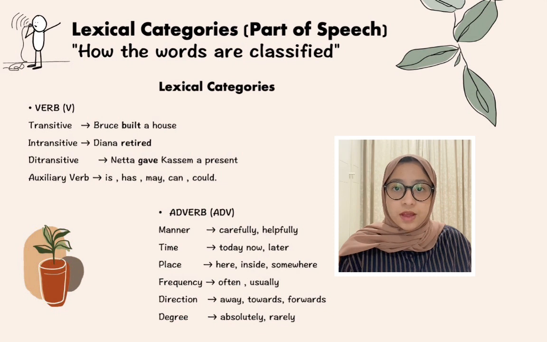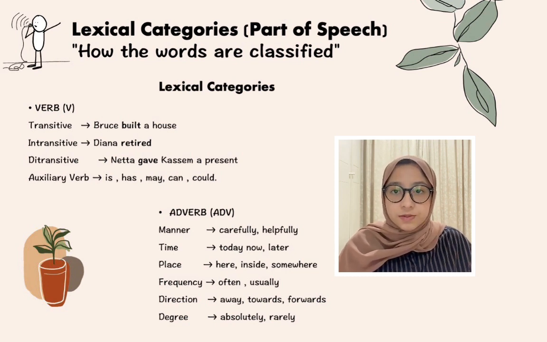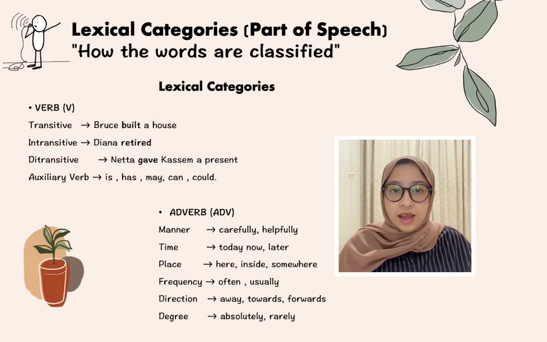Place adverb: here, inside, there, somewhere. Frequency adverb, for example often, usually, sometimes, rarely, never. And then direction adverb, for example away, towards, forward. And the last is degree adverbs, for example absolutely, rarely, and never.